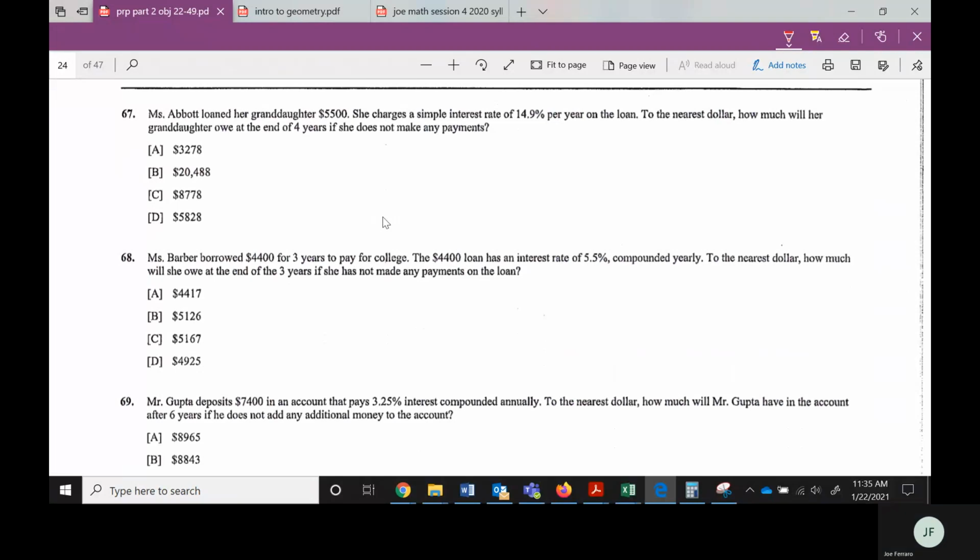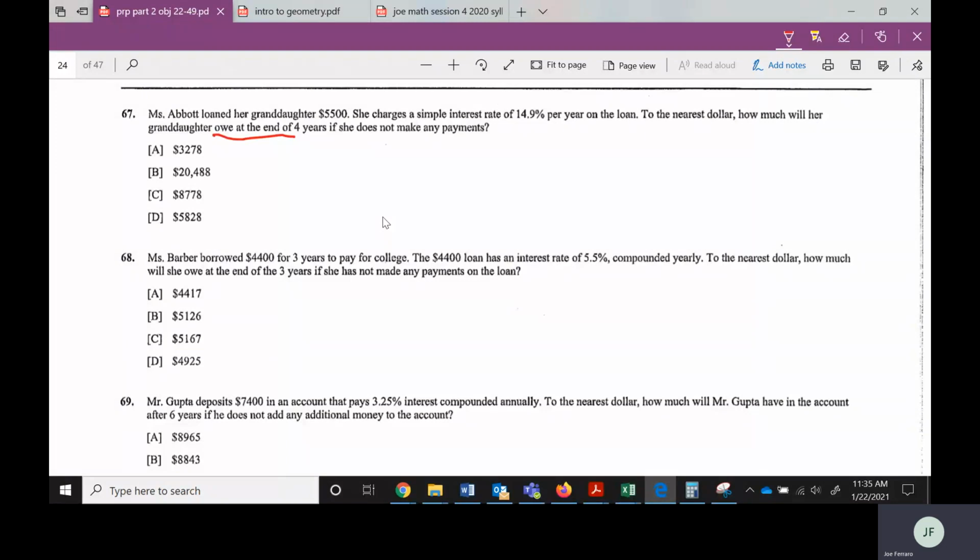It says Miss Abbott loaned her granddaughter $5,500. She charges simple interest rate of 14.9% per year on the loan. To the nearest dollar, how much will her granddaughter owe at the end of the 4 years if she doesn't make any payments? So if she doesn't pay her as we go, one key thing here is they're going to owe at the end of the year.